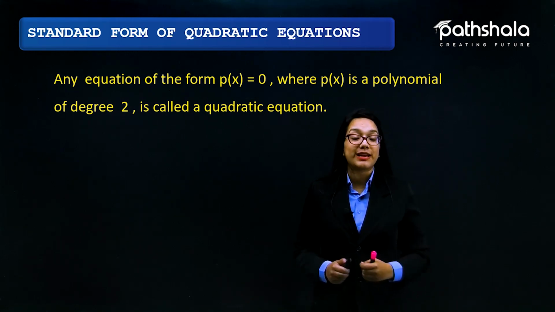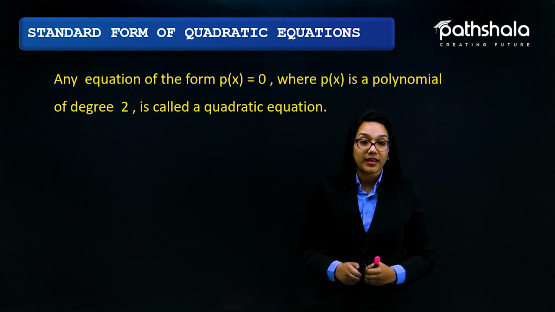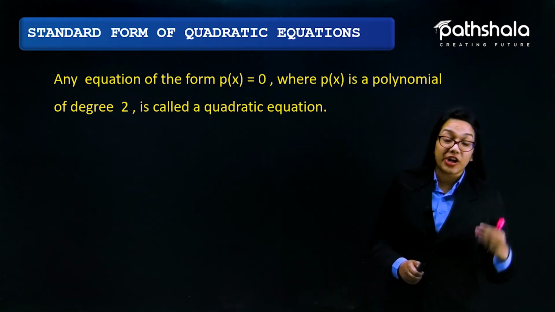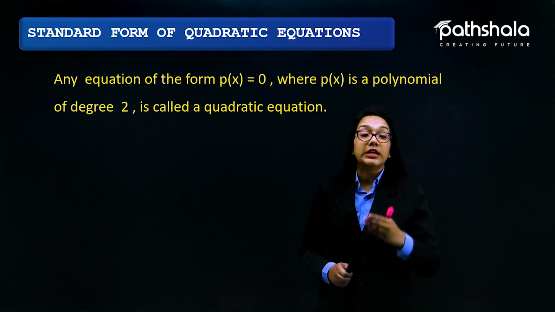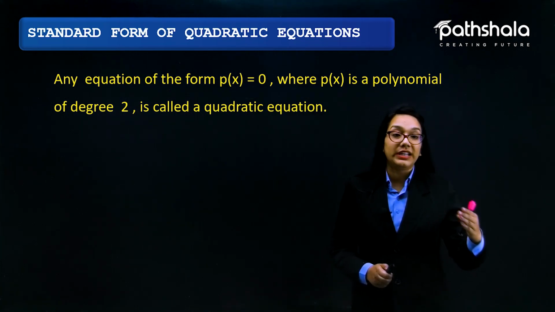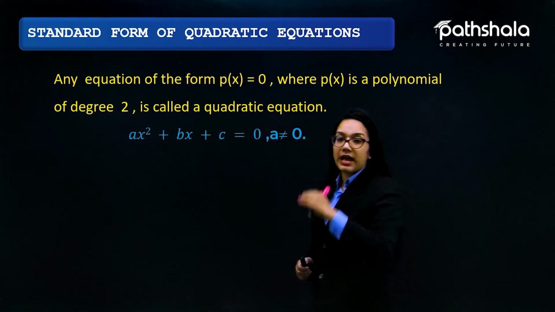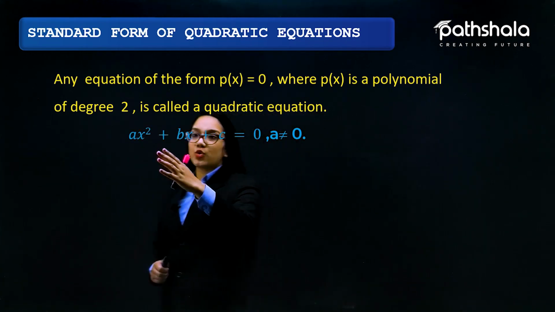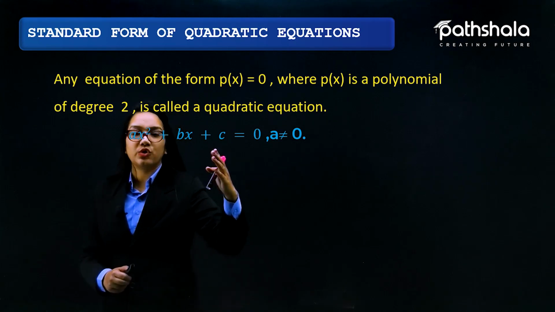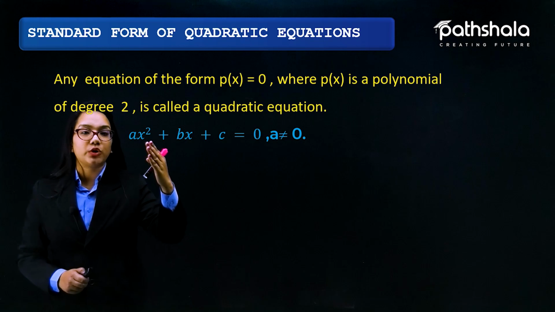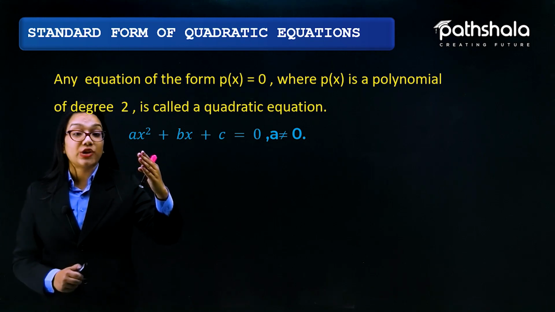For instance, in a quadratic equation, if we arrange the terms according to the descending order of the degree of the variable, as in ax square plus bx plus c is equal to 0, we can see the degree of x is 2. Then the degree is descending.